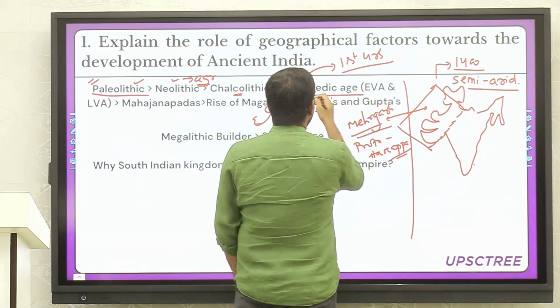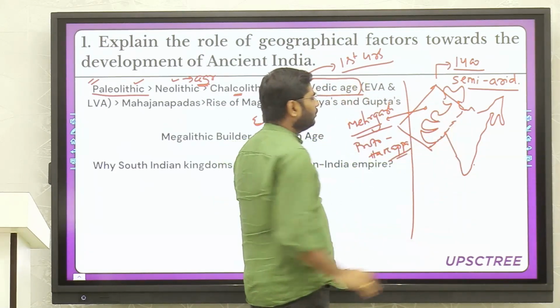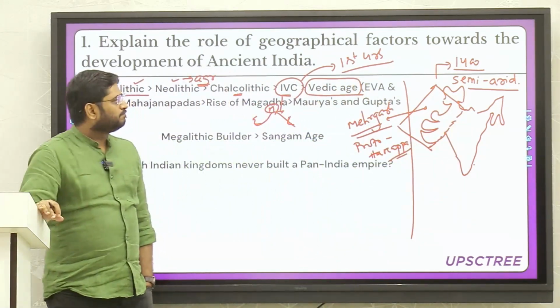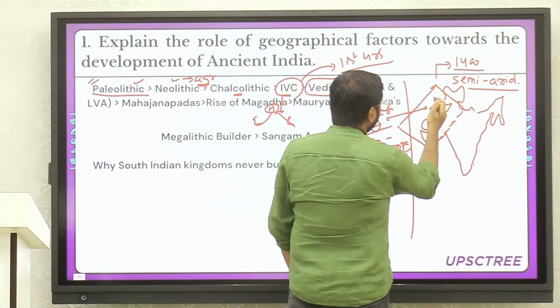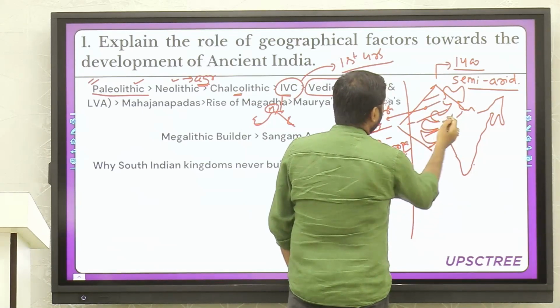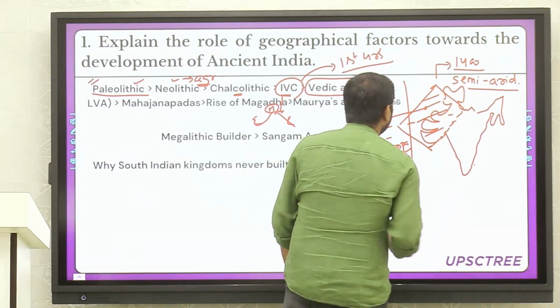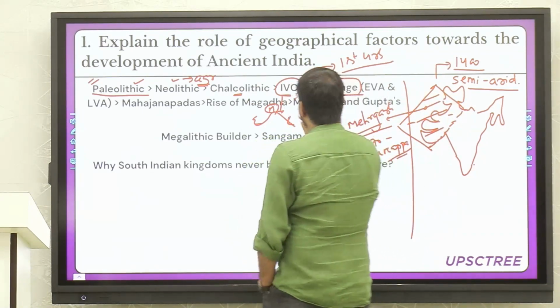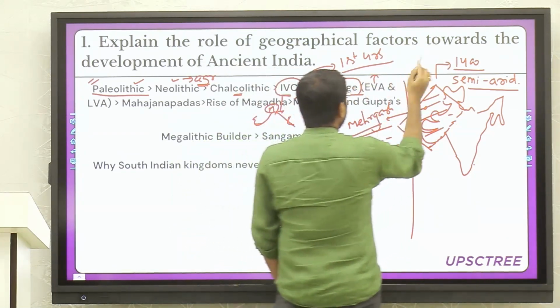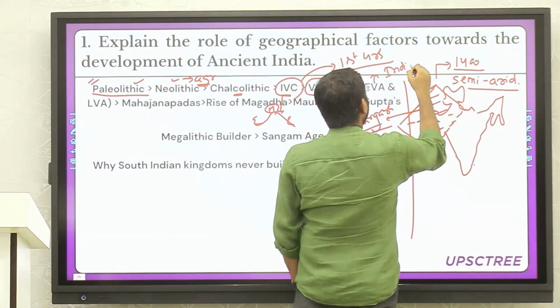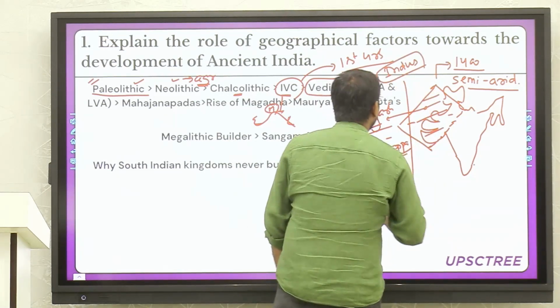Vedic age, then this group of people will come from, say, the Anatolia Plateau or what we call Asia Minor. Again, just like their predecessors, they also will settle by and large in this particular area. That means in the Indus region they will start settling. So in the early Vedic age we will see this group of people settling in and around the Indus region.